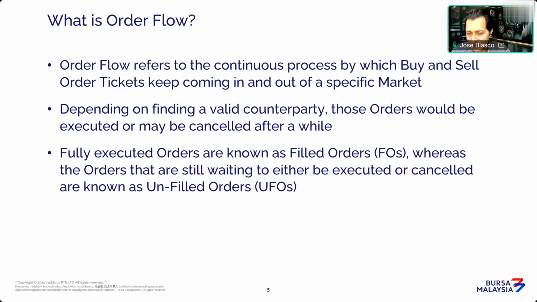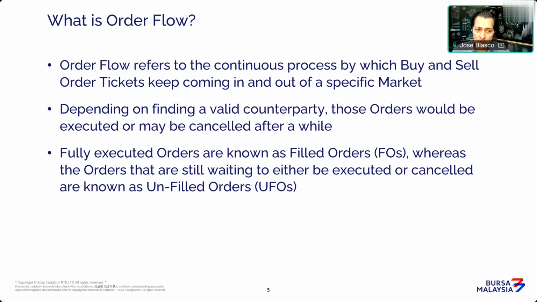So what happens? Well, of course, those tickets go in there, and then depending on finding a valid counterparty, that means for each buy order, you may or may not find an equivalent sell order. For each sell order, you may or may not find the equivalent buy order.